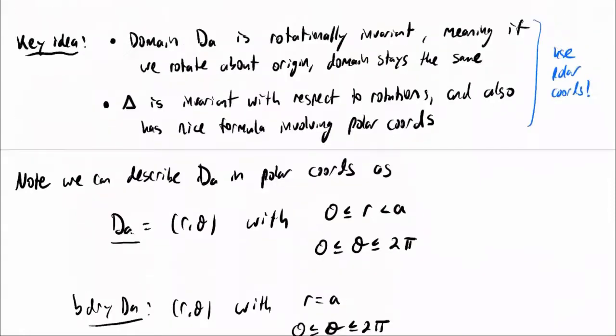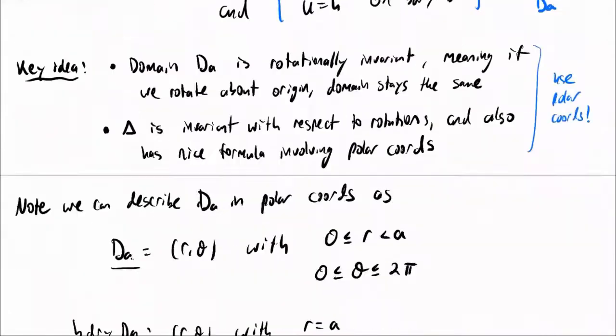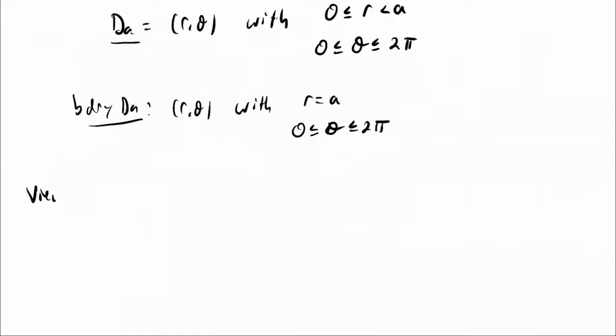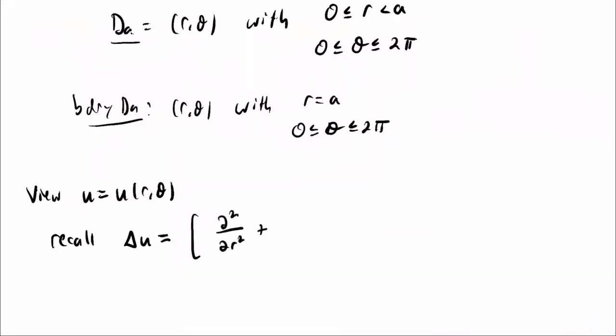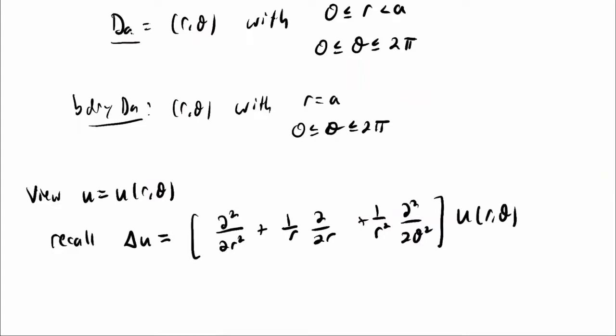Right, and so finally, we're going to view u as a function in polar coordinates. Well, remember that we have the following representation of the Laplacian in terms of polar coordinates. The Laplacian of u is given by the second derivative with respect to r, plus 1 over r times the first derivative with respect to r, plus 1 over r squared times the second derivative with respect to theta of u as a function of r and theta.